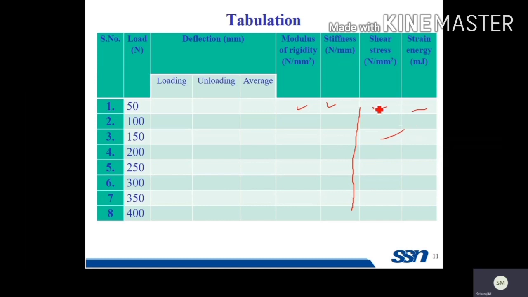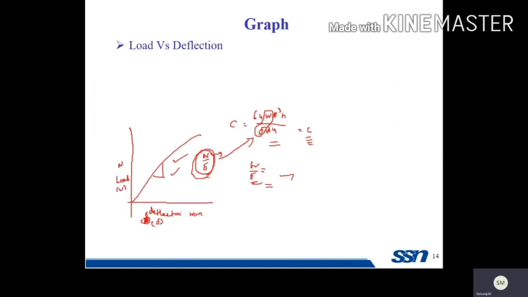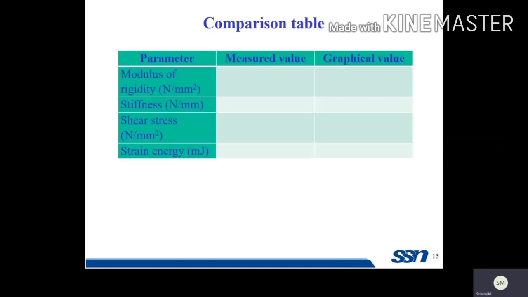You must have got 8 values; for these you take the average. Similarly, for stiffness, you take the average. This is the value calculated from the formula expression. Similarly, you have the C value from the graph. So now you enter the values. Here the modulus of rigidity from the formula and from the graph. Here the stiffness from the formula and from the graph.